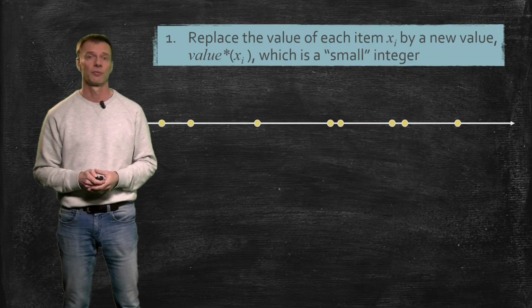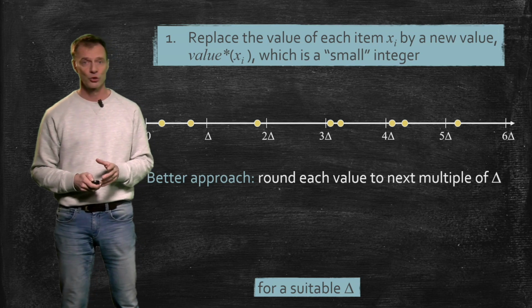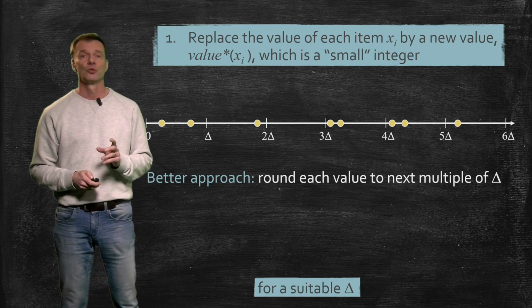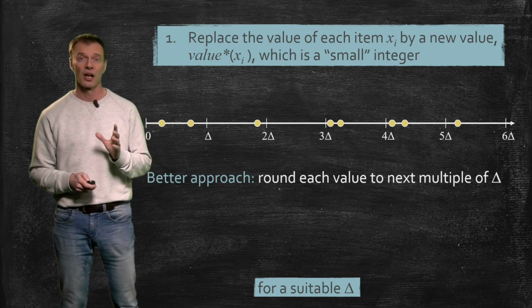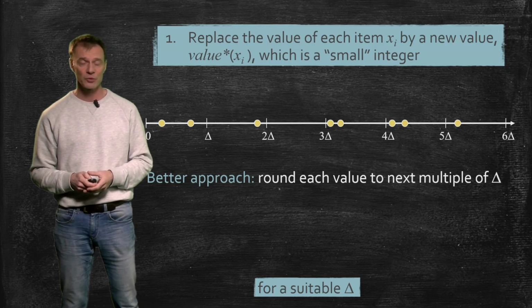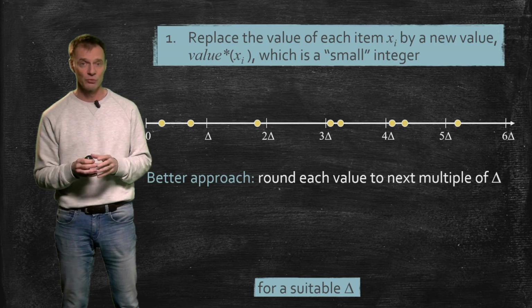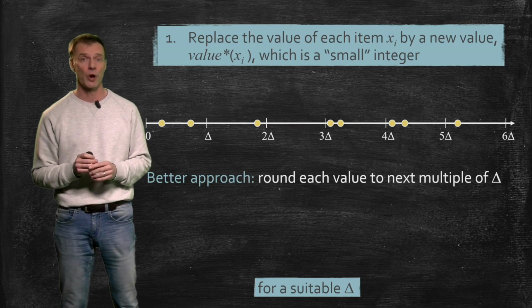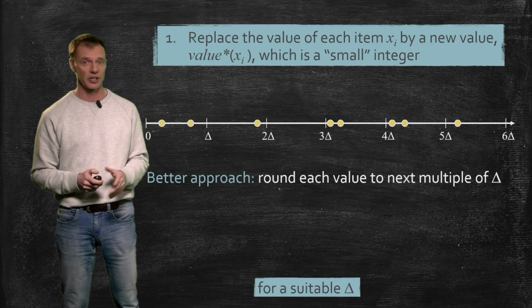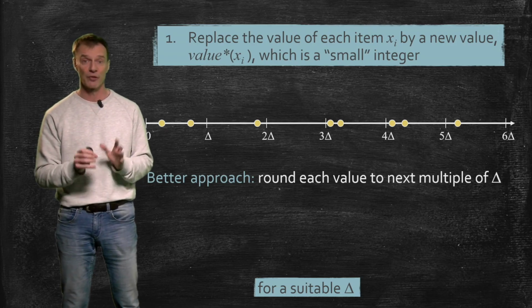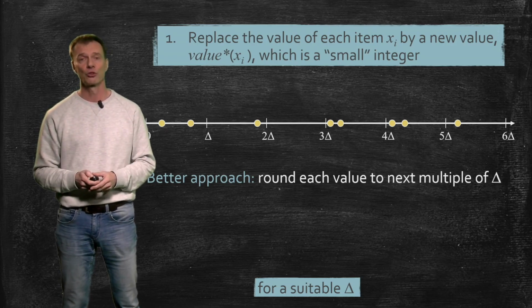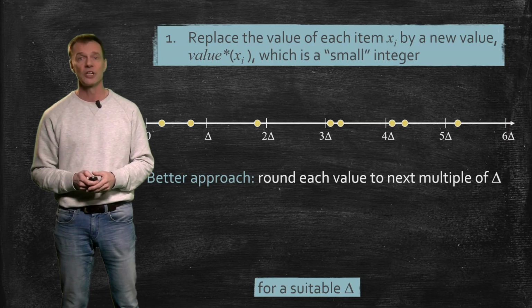What we're going to do is first round every item value to the next multiple of delta, where delta is some value. The choice of delta will be quite important, but we'll discuss that later. So for now, let's suppose we have a good delta. We're going to round each value to the next multiple of delta.